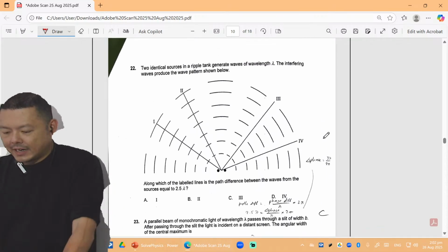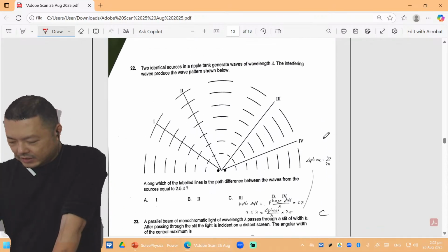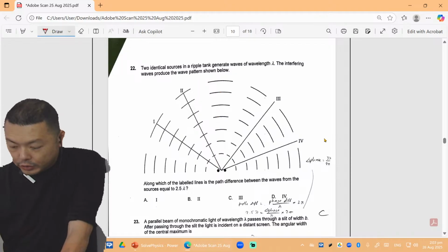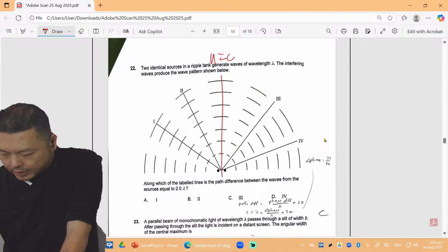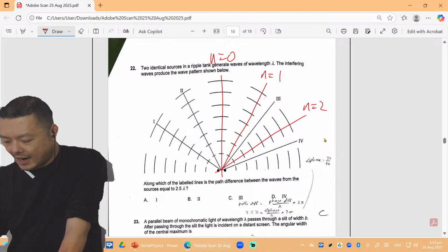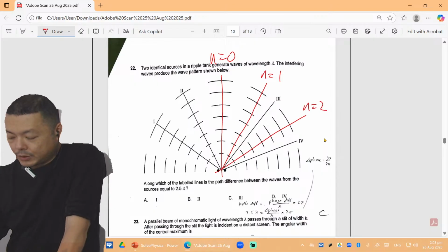SLs were complaining that there was a diffraction grating question, not sure why. Which of the labeled lines gives you 2.5 lambda? It's all based on the order number. The one in the middle is n equals 0. Then this one here is n equals 1, then this one here is n equals 2.